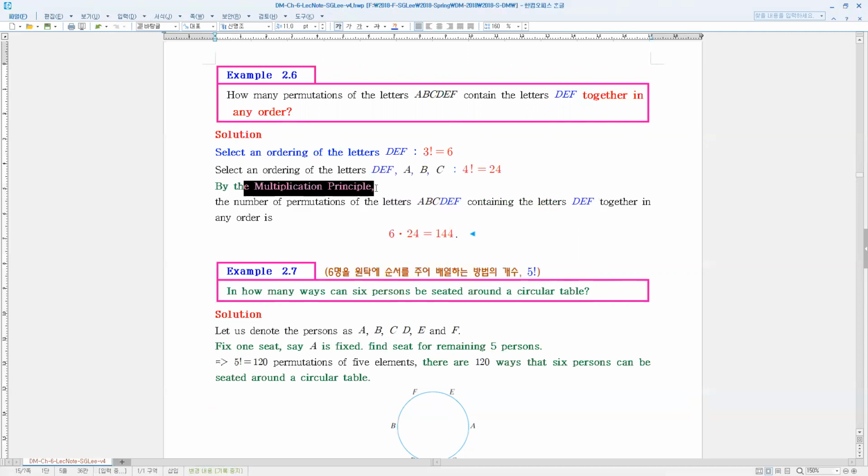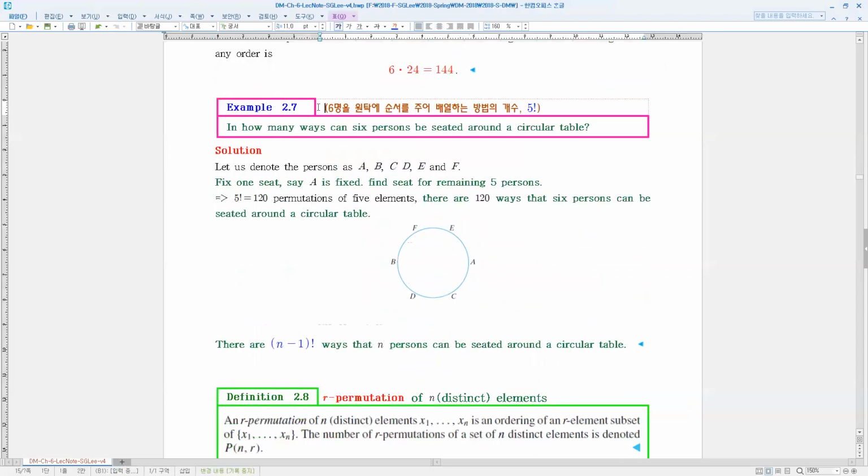Then by the multiplication principle, we have 24 times the ordering of DEF, which is 6. Multiplying 6 by 24 gives us 144 different permutations of the letters A, B, C, D, E, F that contain the letters D, E, F together in any order.